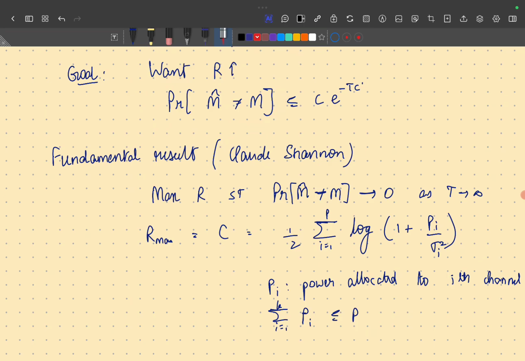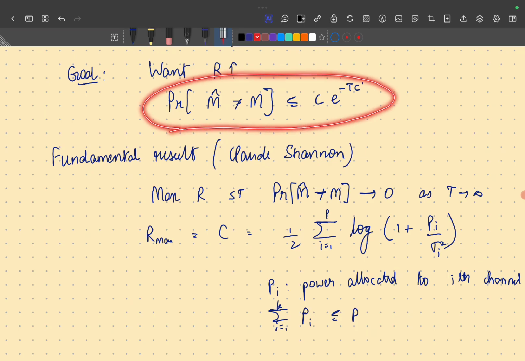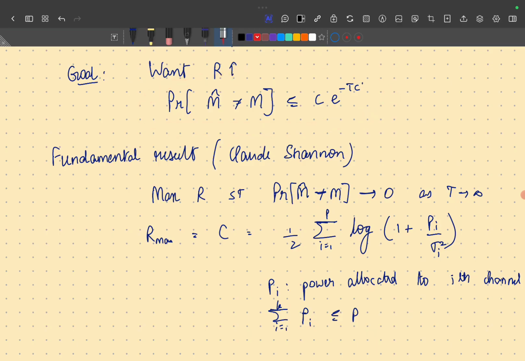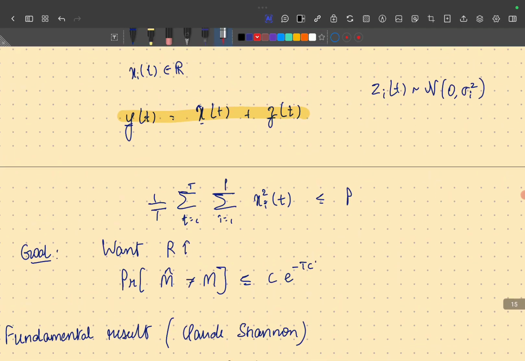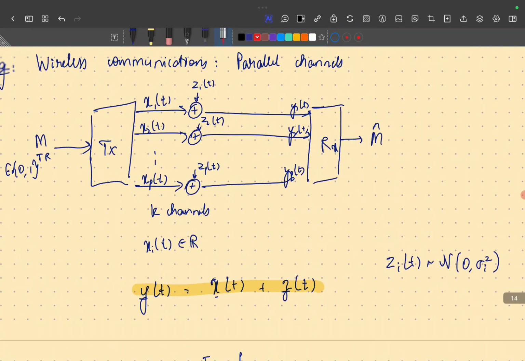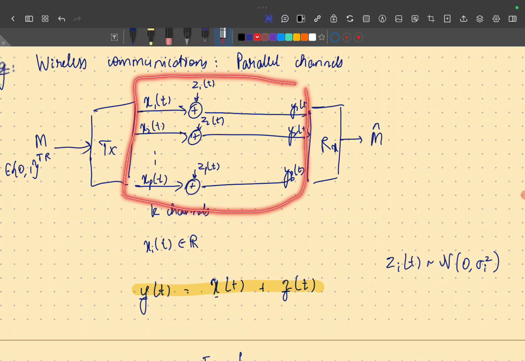And indeed, there are practical systems today which, for many channels, achieve this. And this particular problem of parallel channels, as I said, has one scenario where you have parallel wires running through.